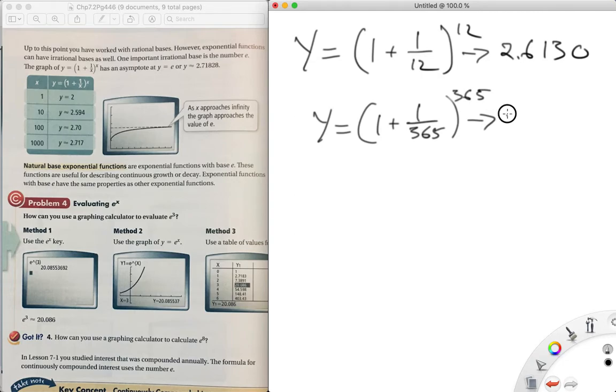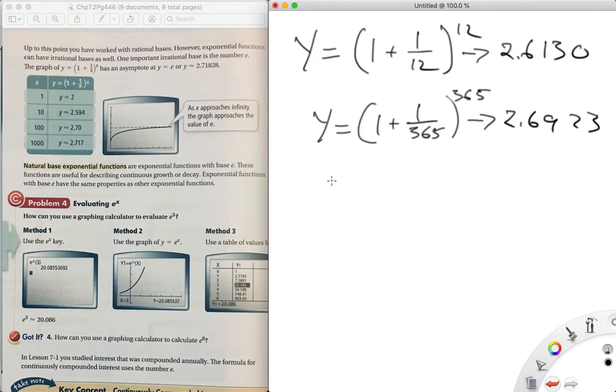Well, I get 2.6923. Right? I'm getting a little bit bigger, but notice that I'm not getting exponentially bigger. It went from 2 to 2.6. I'm still at the 2.6 when I double my money every day, or do interest every day.